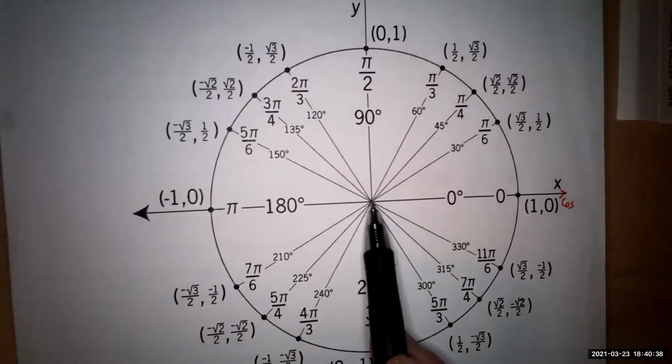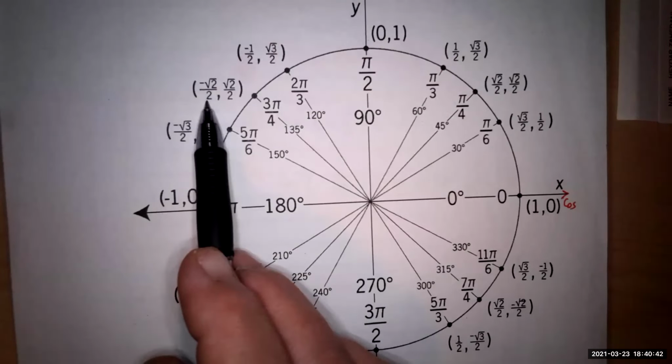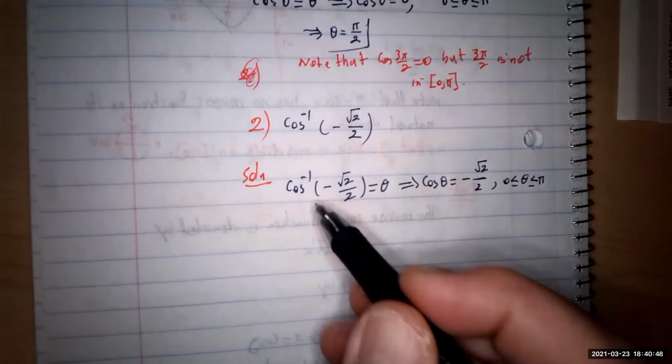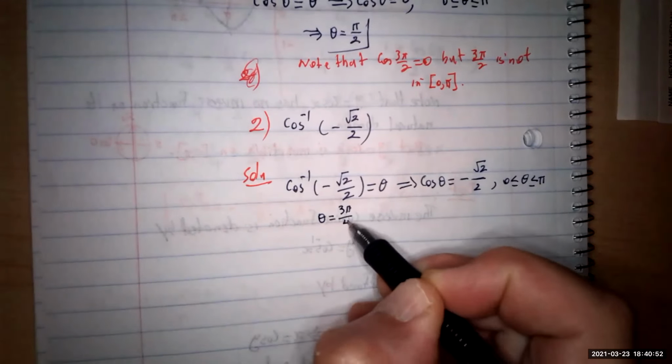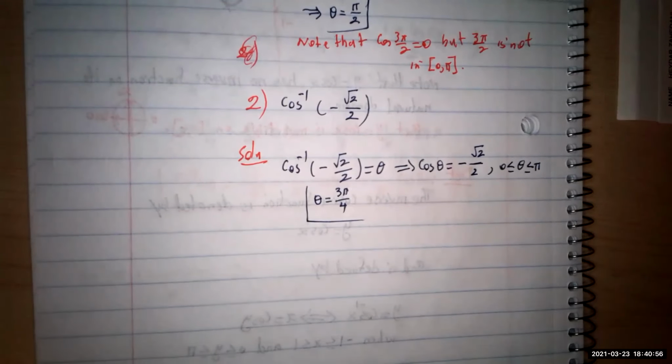Cosine is negative, so it's going to be here. Negative radical 2 over 2 is 3 pi over 4, 135 degrees. So theta is going to be 3 pi over 4 or 135 degrees. This is the way you are going to check this one. Any question?